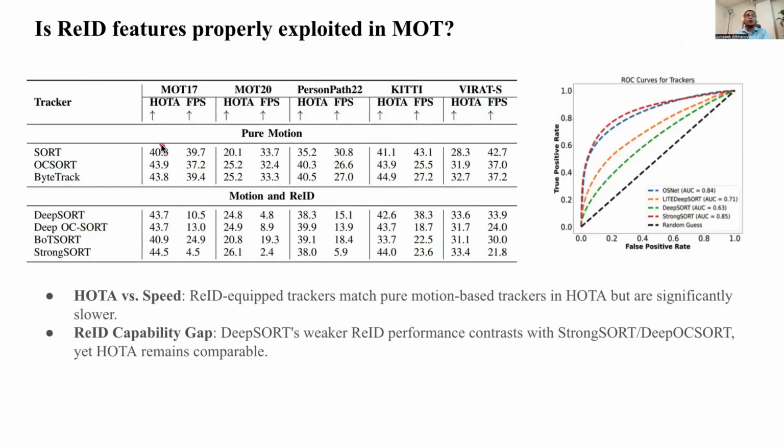But the question is, why then is there no difference here, right? If you see here, DeepSORT is almost the same as the others, even though DeepSORT here is really poor in terms of distinctive power.